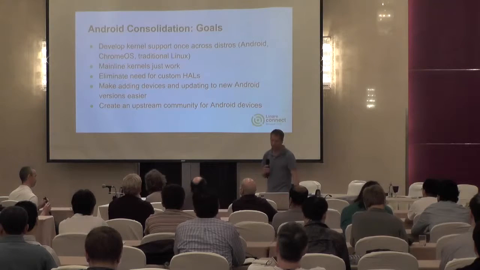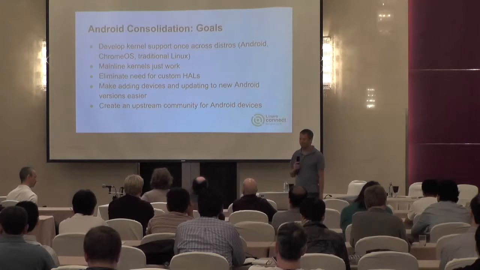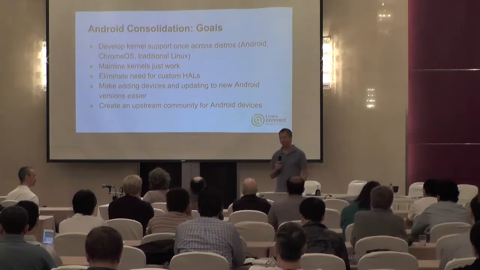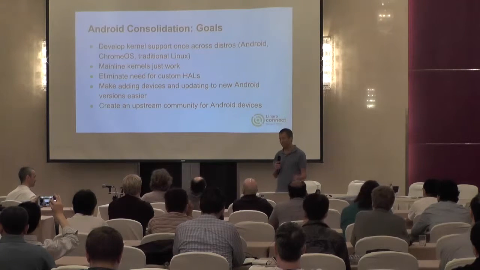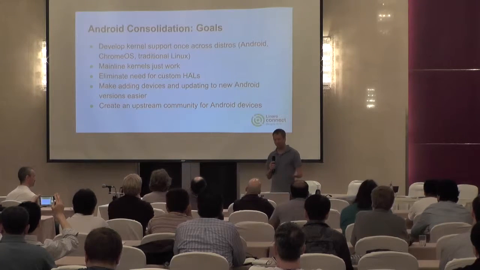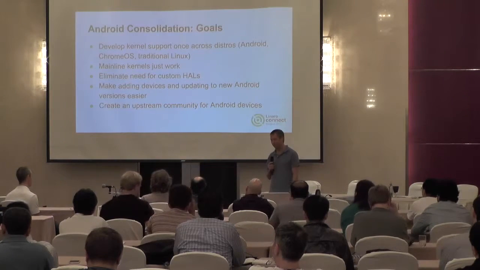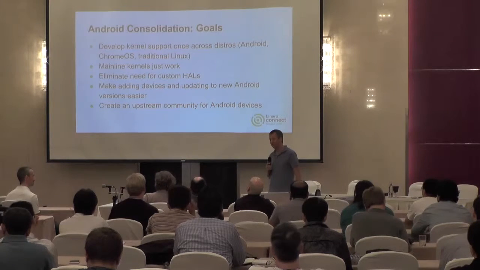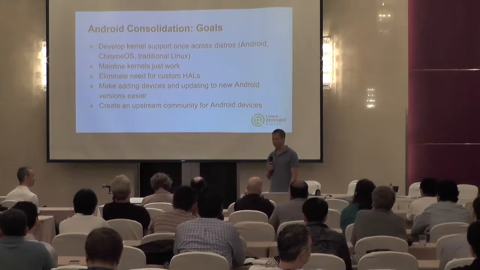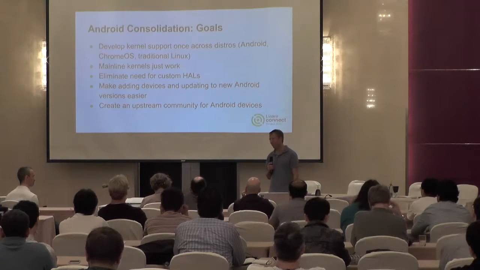So what are the goals for Android consolidation? For enabling new hardware, to develop the support in the kernel and be able to reuse that across different distributions. In the mobile space, that's Chrome OS, Android, other traditional Linux. For Light, it's also relevant because, as Matt's talk just mentioned, there's all sorts of different user space solutions, and we can't support them all.